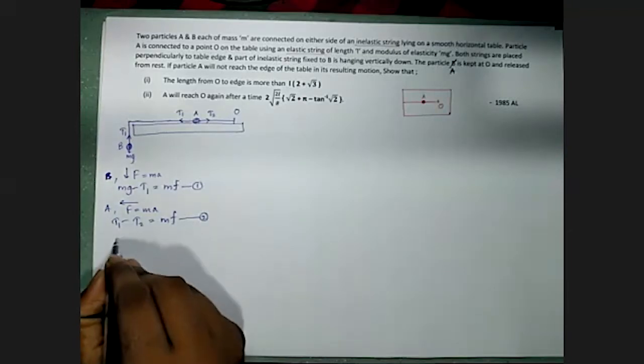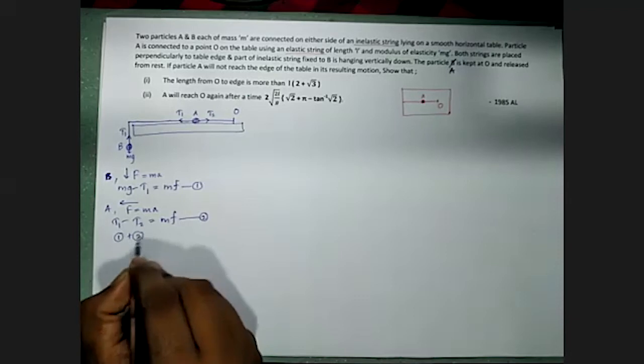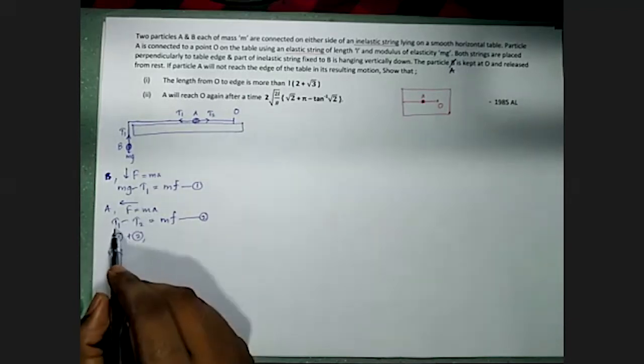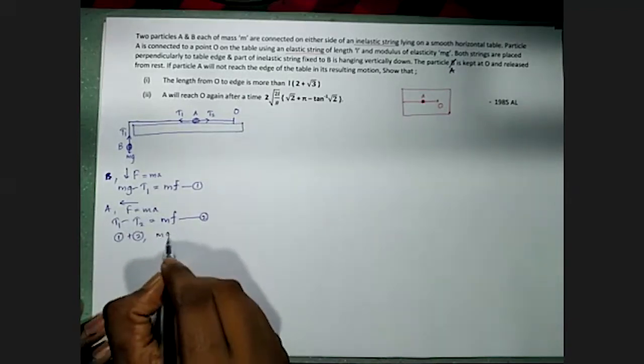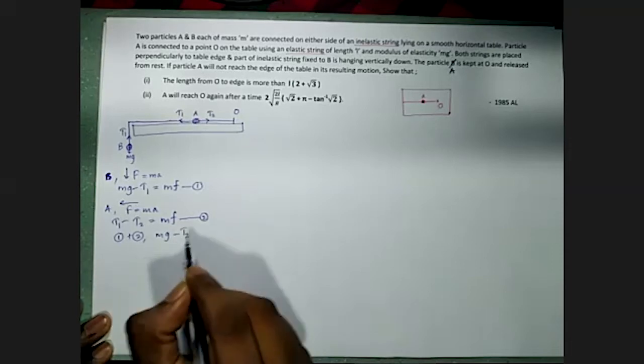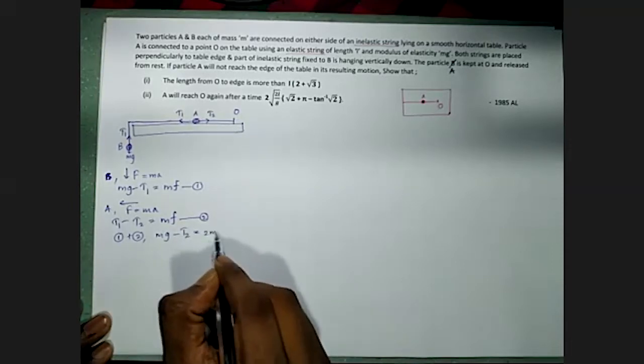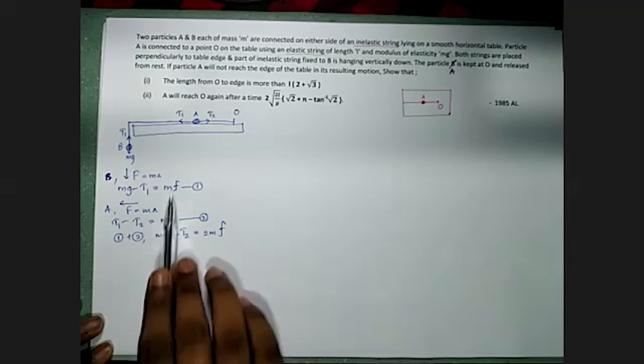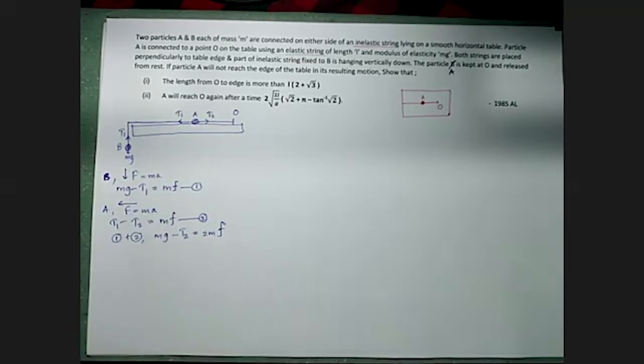Now I can add these two. Then T1 gets cancelled. I have Mg minus T2 equals 2Mf. Mf plus Mf becomes 2Mf. Now what is this T?